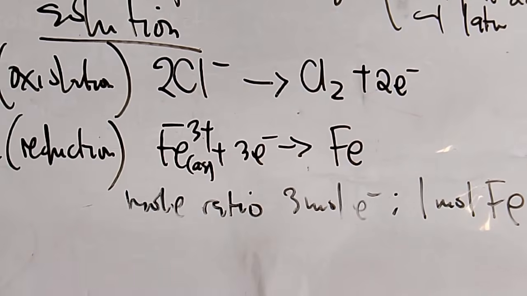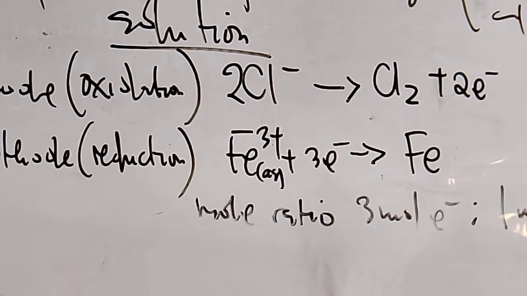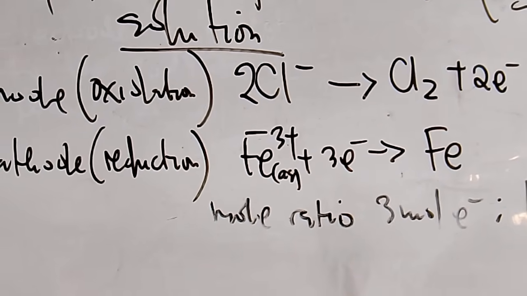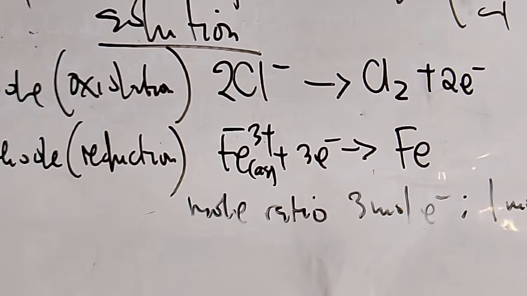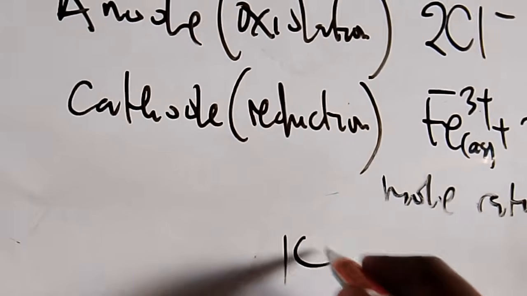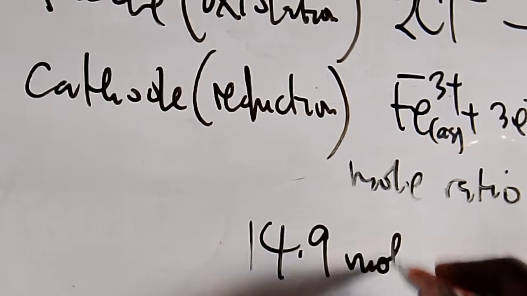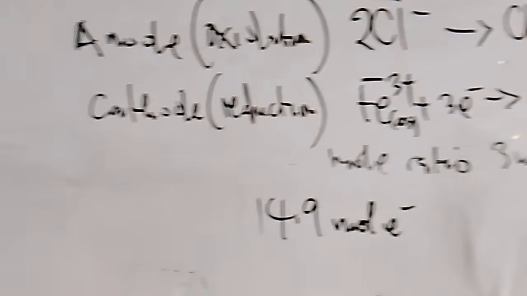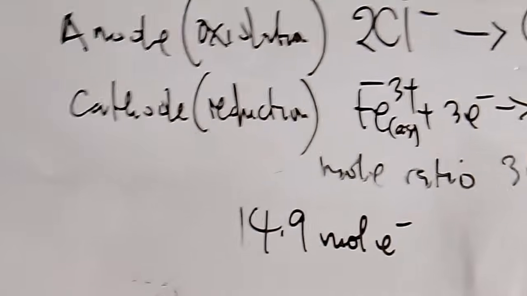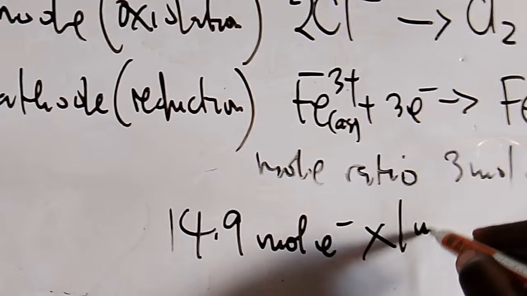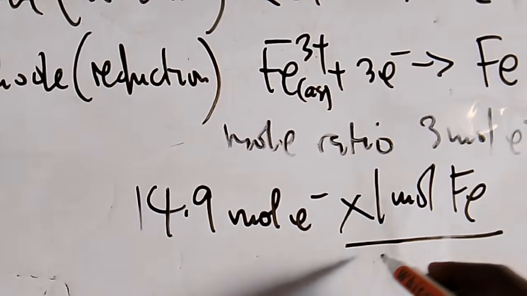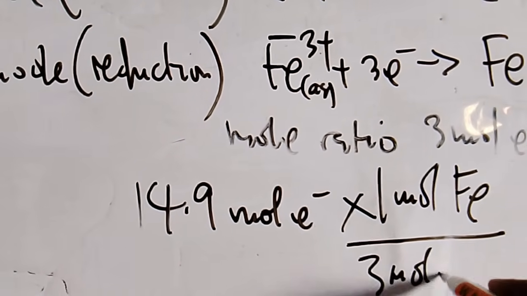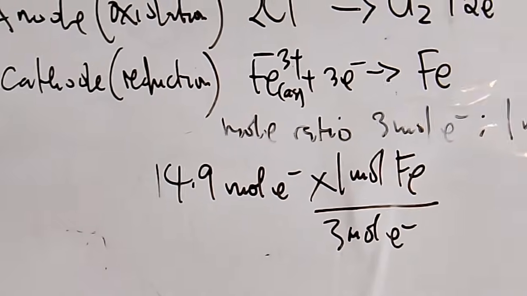Since we know the number of moles of the electrons, we can straight away do the calculations. So we have 14.9 moles of the electrons, times 1 mole ion over 3 moles of electrons.